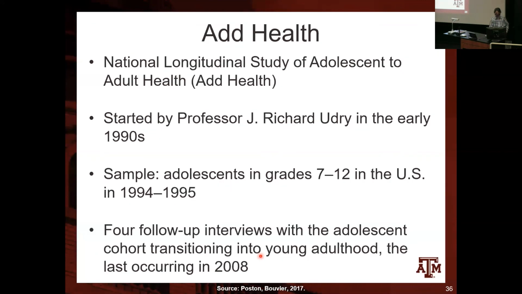Same thing about Add Health, a sample of adolescents in grades 7 to 12, back in 1994 and 1995. And then they had 4 follow-up interviews with these adolescents that are now adults and going on throughout the decades, right? So you're following the same people, and these people that back in 1994 and 95 were in 7th to 12th grade.